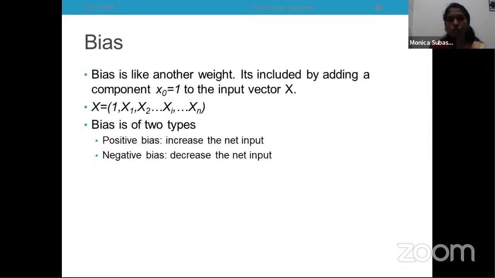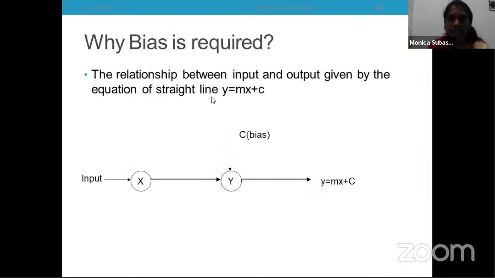It is an externally added value. Previously we dealt with the linear equation y = mx. Now y = mx + c. This c can be considered as an external weight or a constant weight, known as bias. In y = mx + c, m is the weight, x is the input, and c is a constant value.